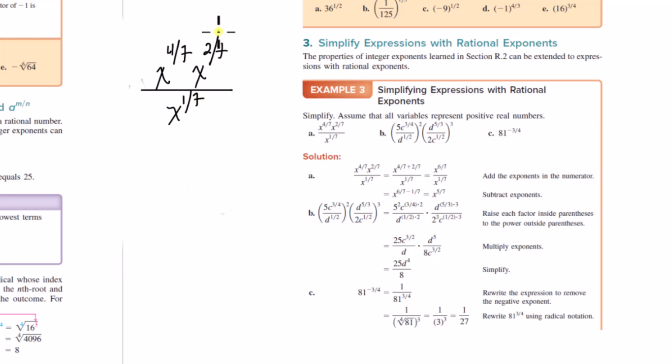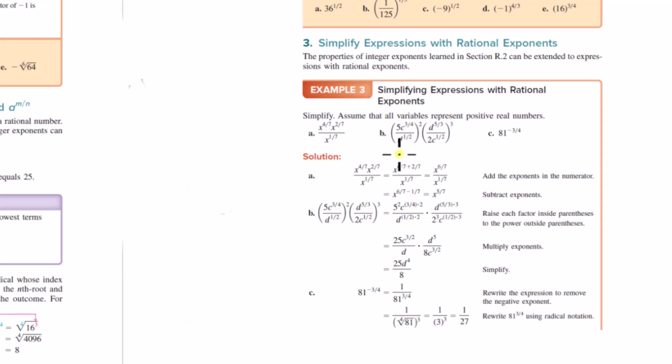To multiply these, the property of exponents is x to the m times x to the n, we just add m and n. So what is 4/7 plus 2/7? That's 6/7. Now x to the m divided by x to the n is x to the m minus n. What is 6/7 minus 1/7? That's 5/7.